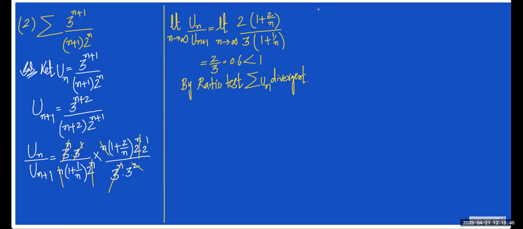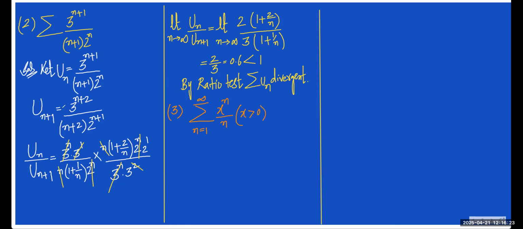After this class, definitely I'll go for another test, Raabe's test, which is a part of ratio test again. Third question I'm considering. Test the convergence of summation n is equal to 1 to infinity x power n by n, where n is positive.